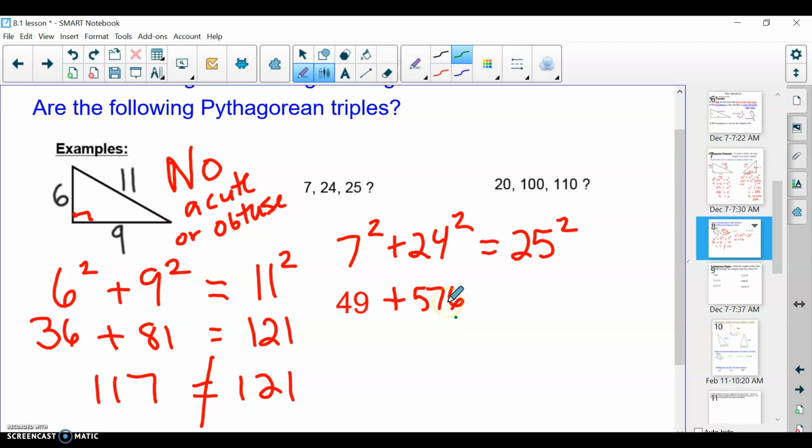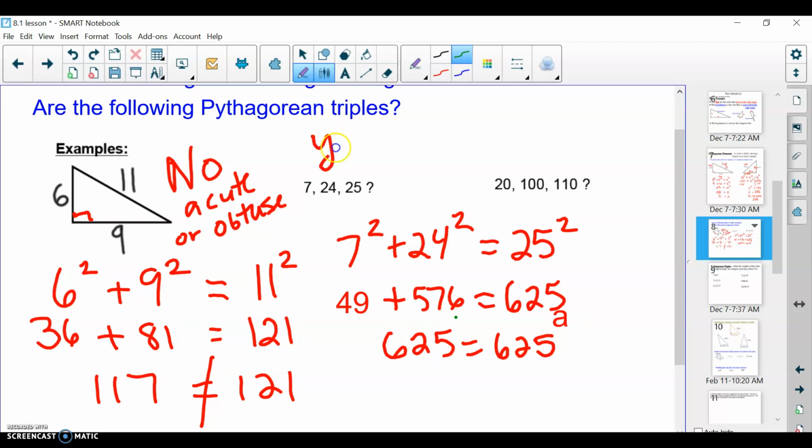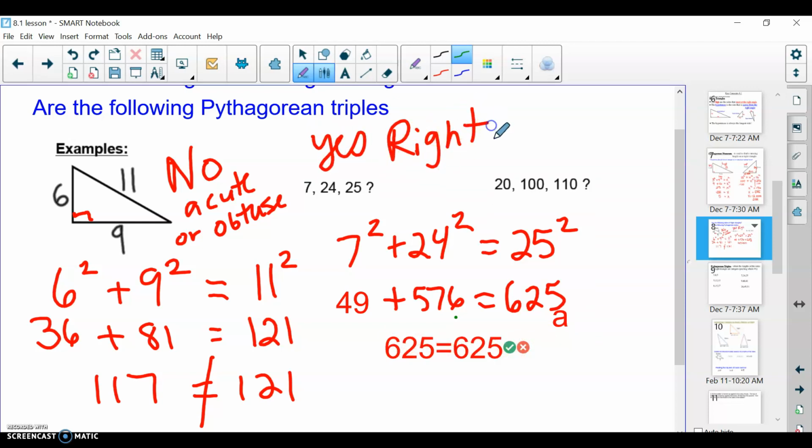Okay, and then 25 squared, I think it's 625, pretty sure. All right, so is 49 plus 576, 625? It is, yay. So 625 equals 625. So this is a right triangle.